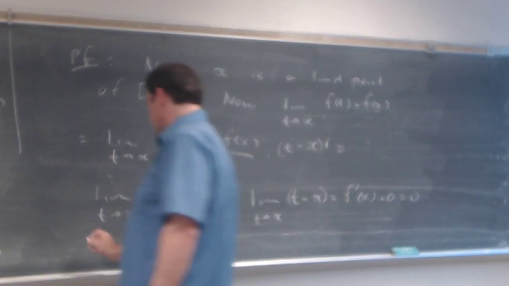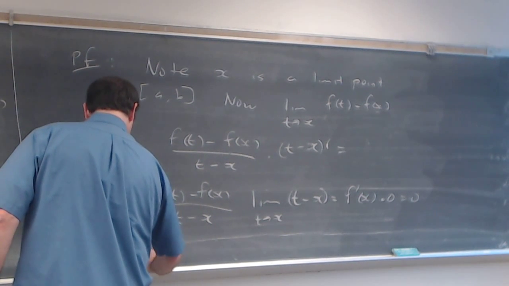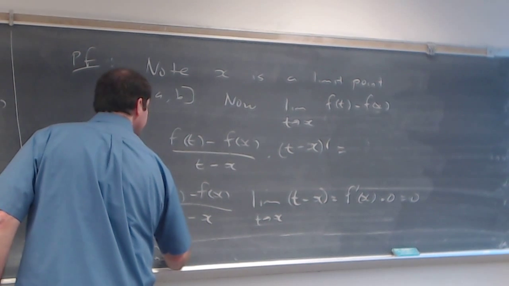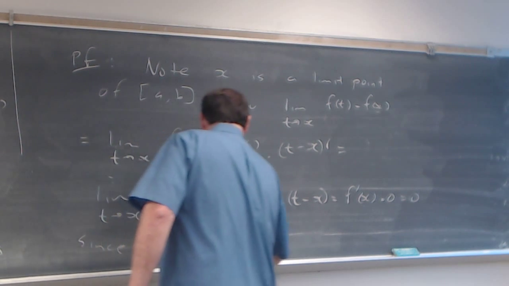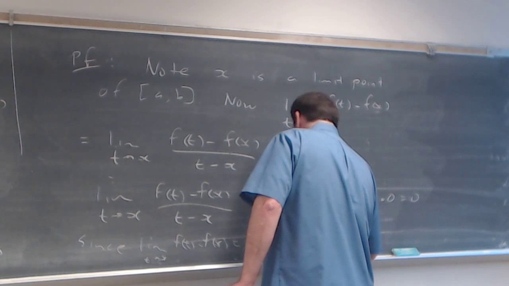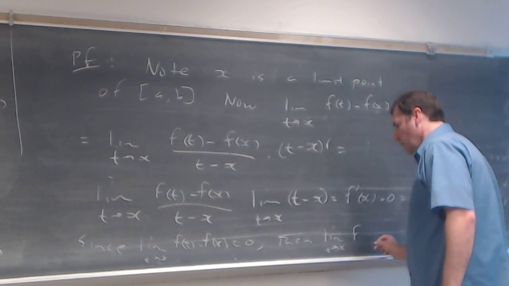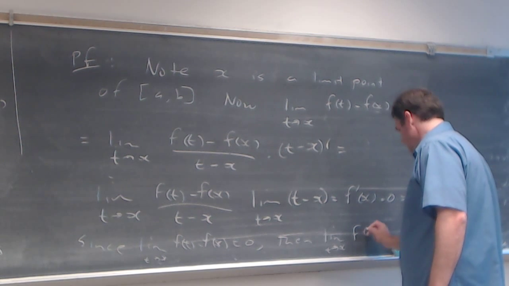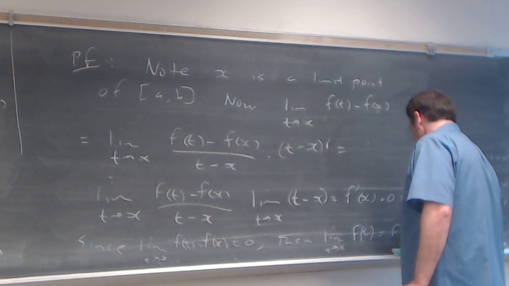Okay, so since the limit as t goes to x of f of t minus f of x equals 0, that implies that the limit as t goes to x of f of t equals f of x.